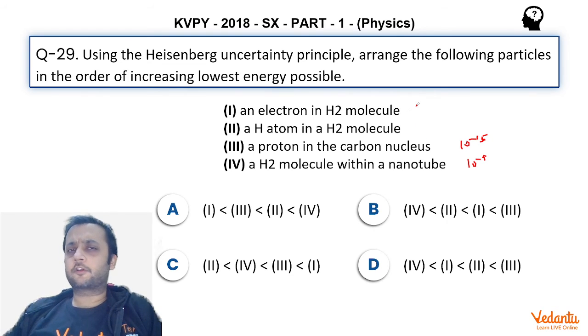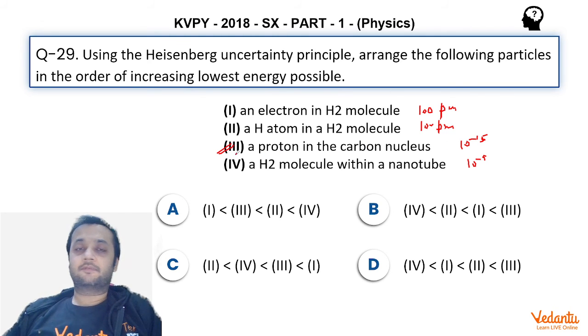Hydrogen molecule is of the order of picometers, let's say 100 picometers. This may not be the exact value, but I'm just giving you the order. So you can see that the least delta x occurs for the proton in carbon nucleus, so this will have the highest energy, and the nanotube case will have the lowest energy.